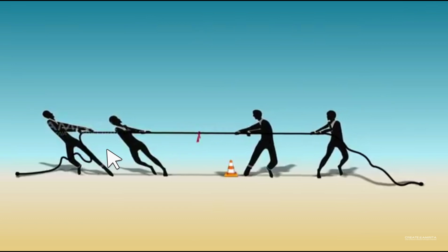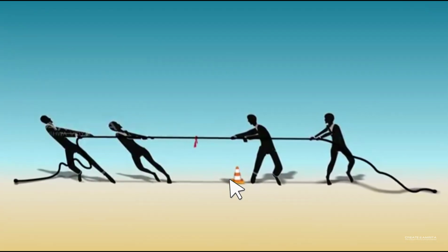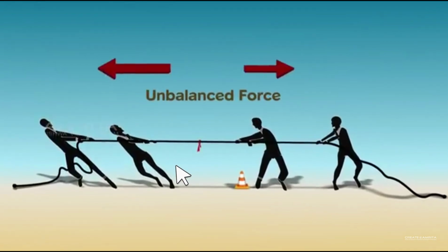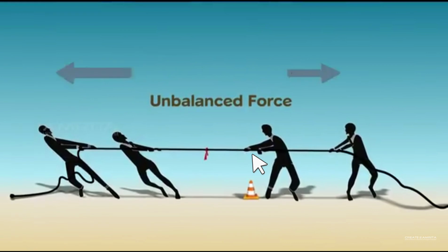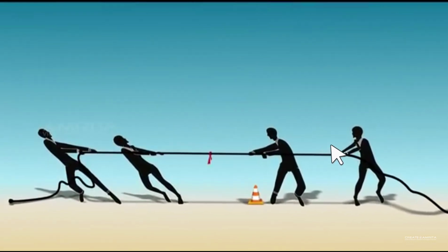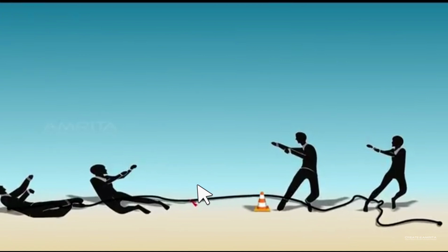But now these people are giving more force. You can see the people have moved on this side. These are unbalanced forces. More force is there on this side and less force on this side. You can see eventually the person fell down.